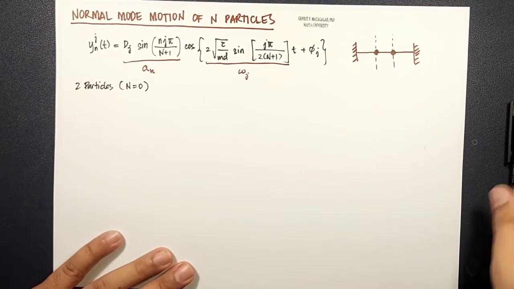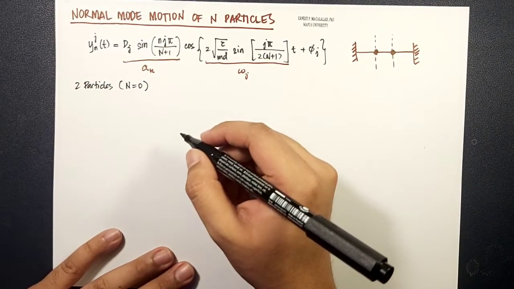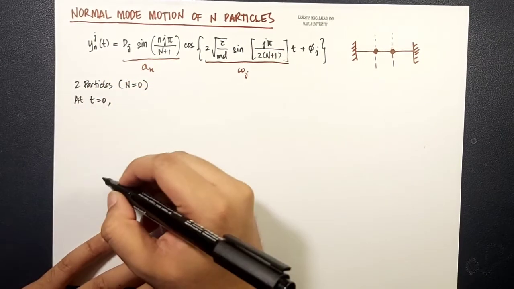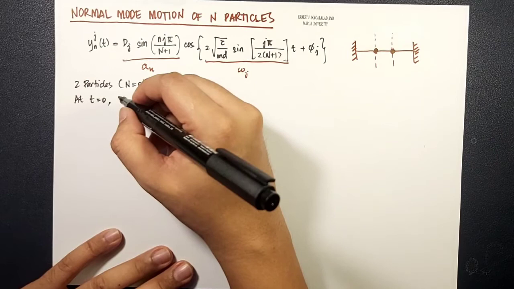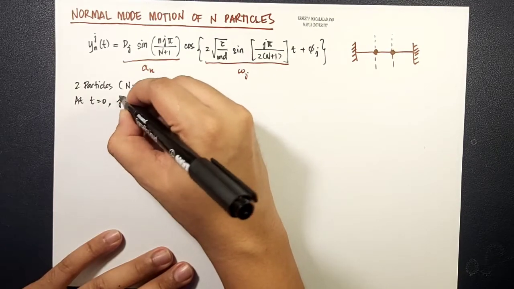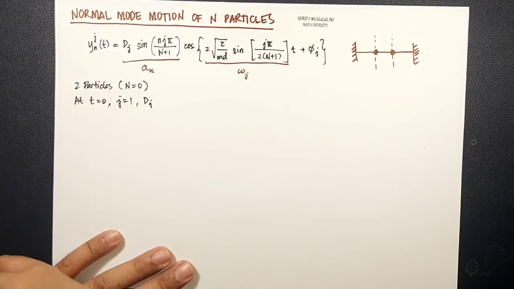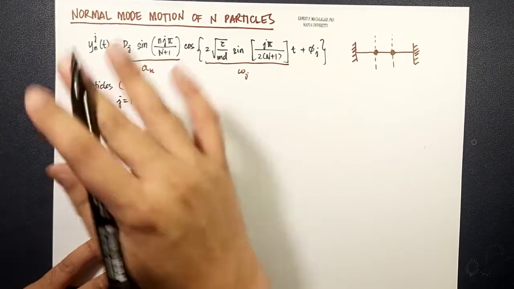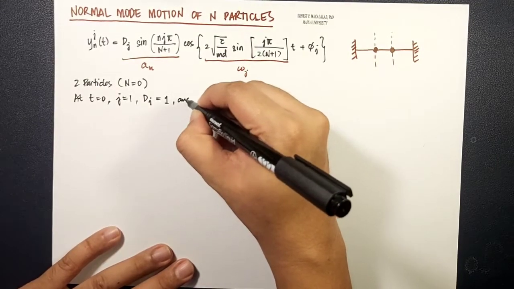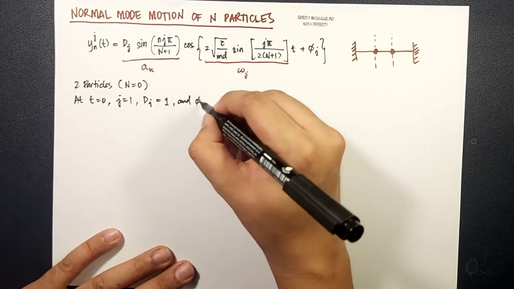Let's put in some initial values. At time equal to 0, we have, for example, j equal to 1, and for illustration purposes, let's set the maximum displacement for the whole system equal to 1, and lastly the phase constant is also 0.